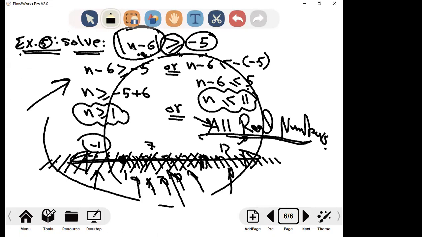Now, absolute value more than or equal to negative 5 means n minus 6 is more than the same number, or n minus 6 is less than or equal to negative N. What's N? And negative from the formula, negative N. Got it? But if negative 5 were positive 5, everything would be different. We would have a two-sided solution, a normal solution.